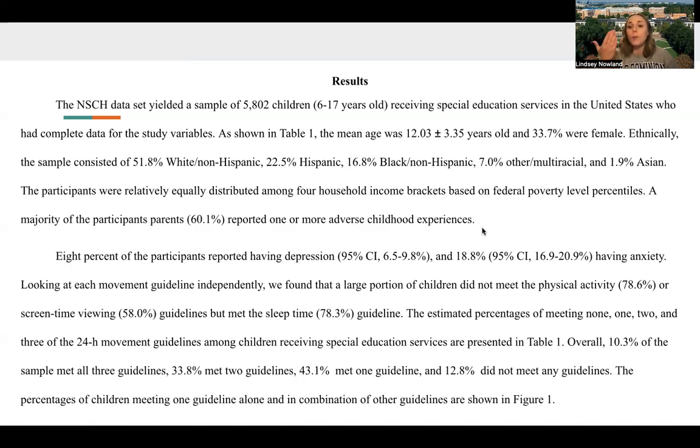I've described the gender of the participants. And I've described the ethnicity, poverty level, and childhood experiences, all with percentiles and means and standard deviations.